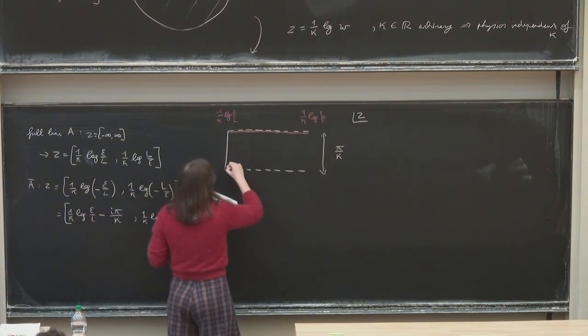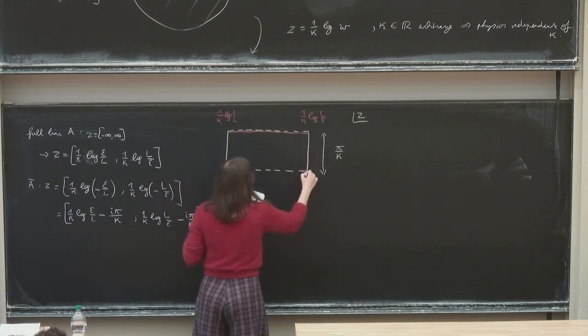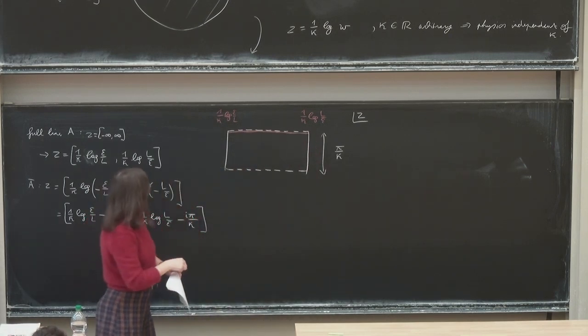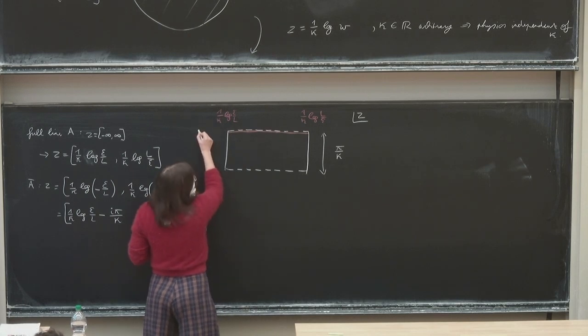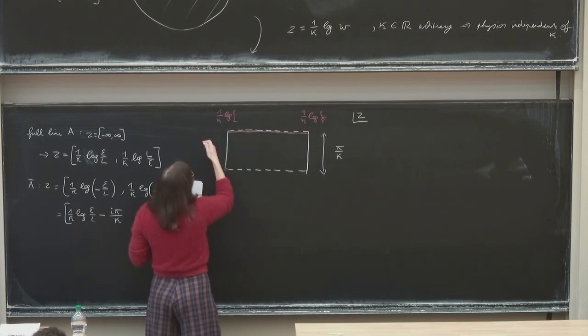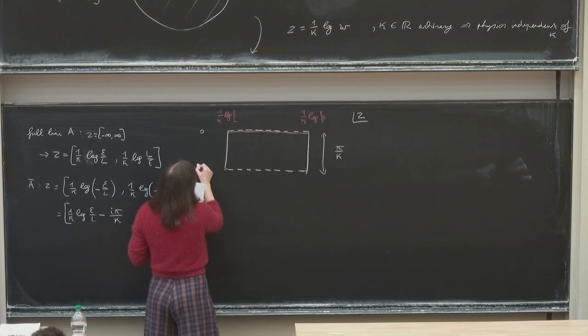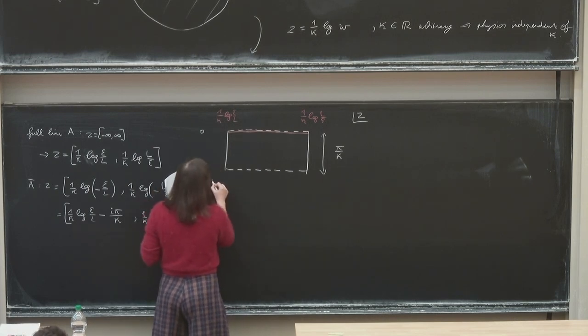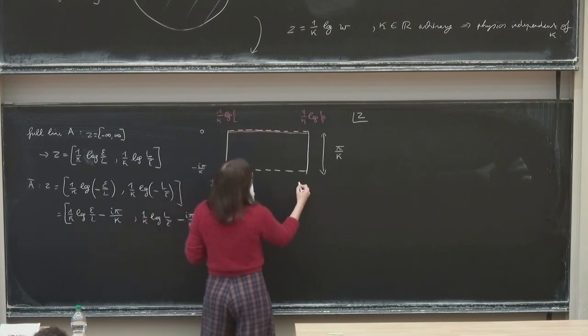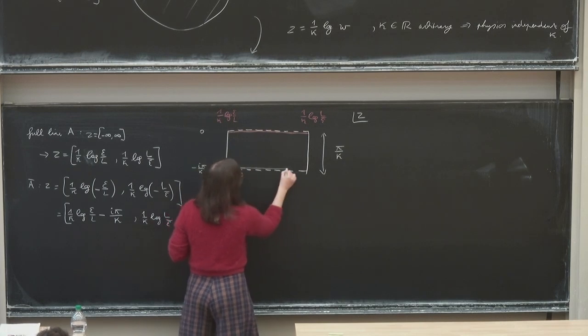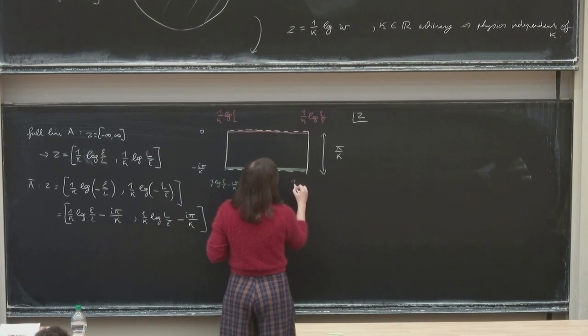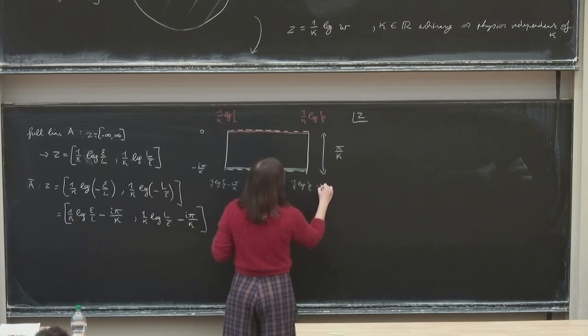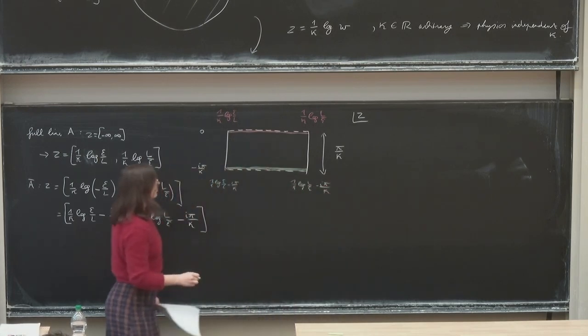So I have 0 here, and I have minus i pi over kappa here, so that my region from 1 over kappa log epsilon over L minus i pi over kappa to 1 over kappa log L over epsilon minus i pi over kappa is this region, okay?